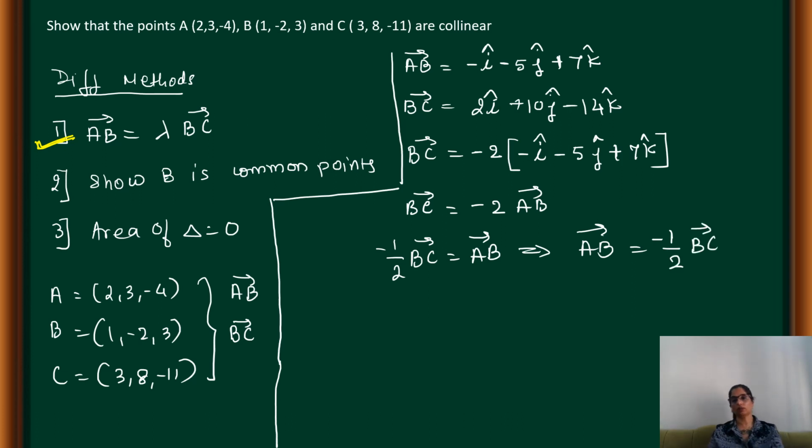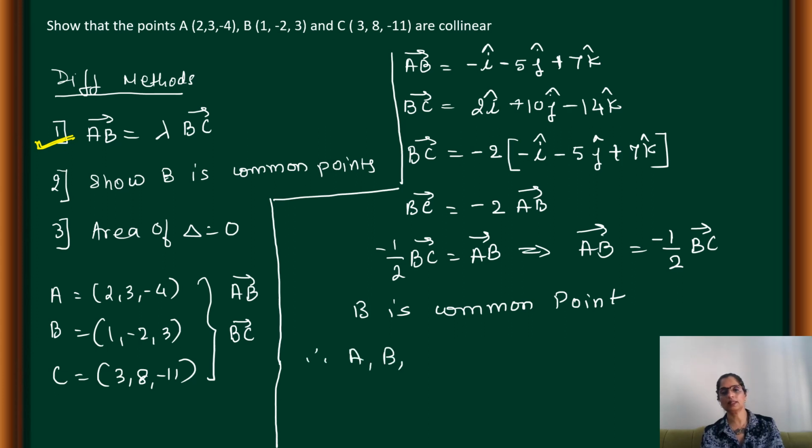Correct? Both are the same. And what is the common point here? B is the common point. If B is the common point, then we can say that A, B and C are collinear.